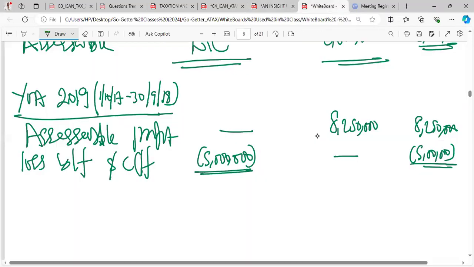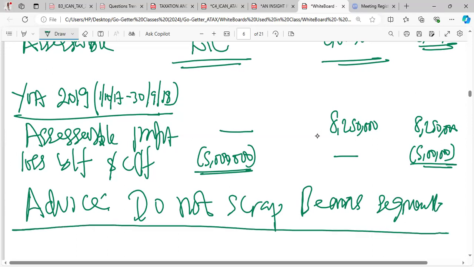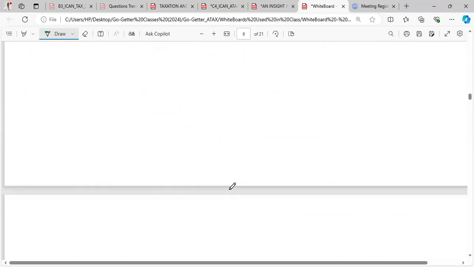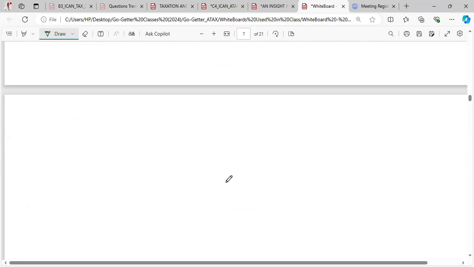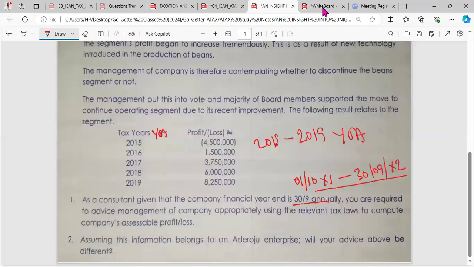So I will come here, advice, do not scrap beans segments. So now let's see what will happen if it is Aderoju Enterprise.